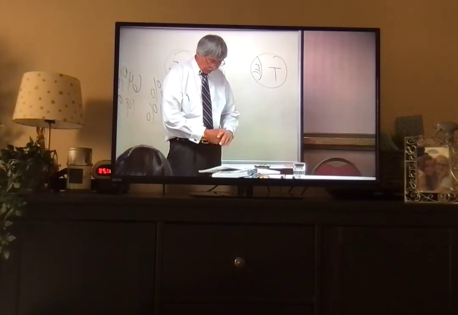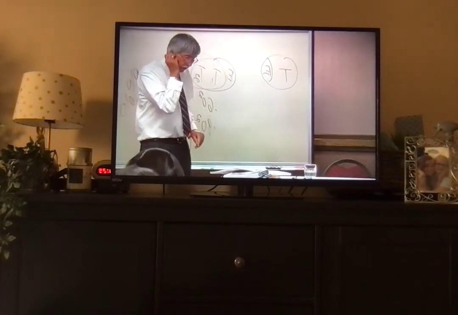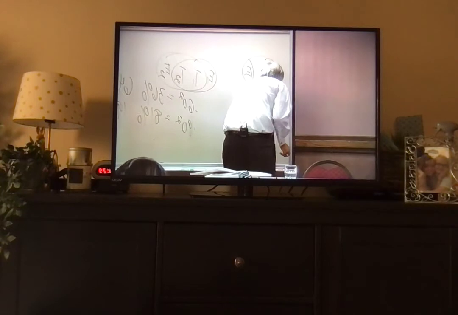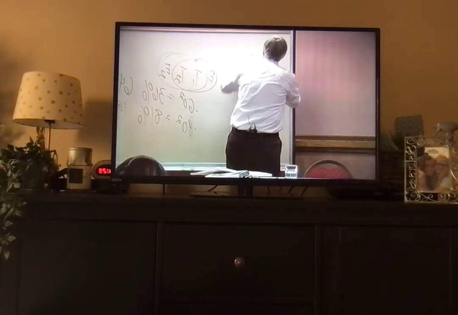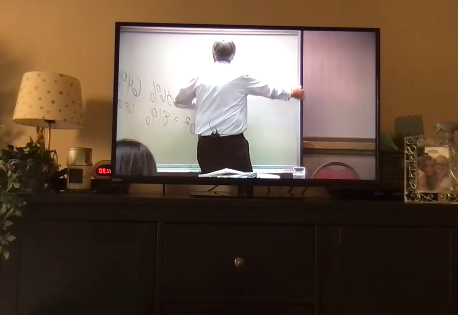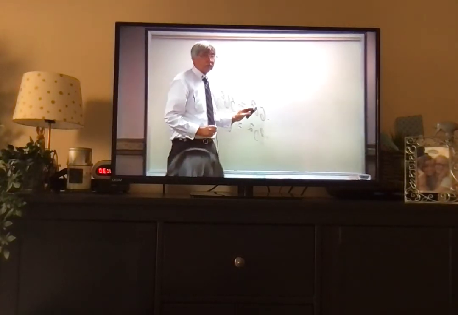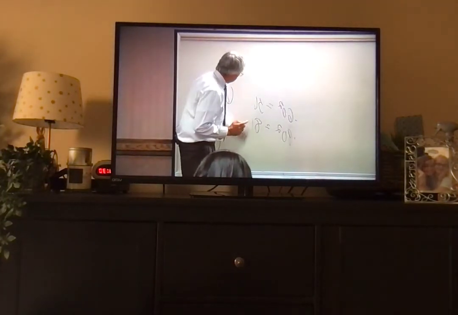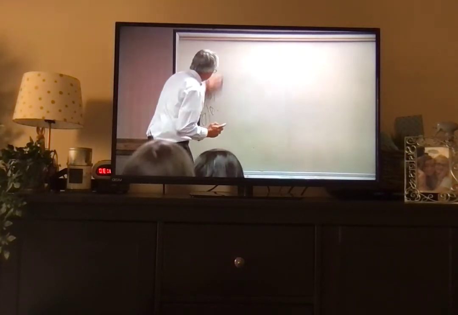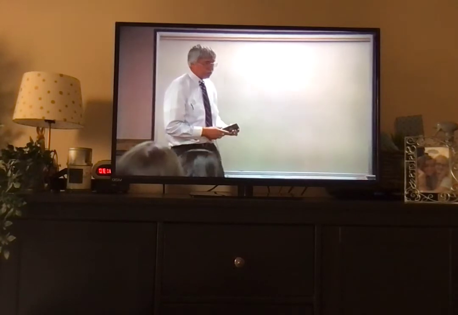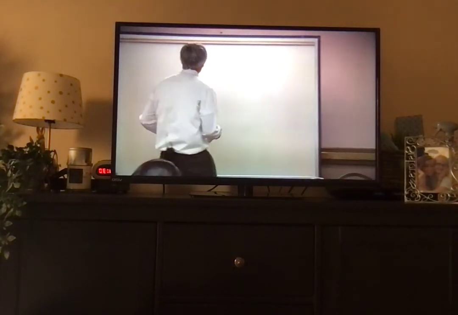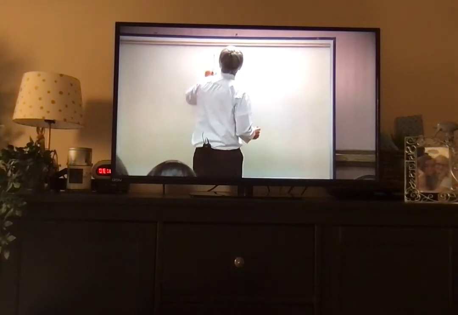One more item in terms of reliability, and this is the standard error of measurement. Standard error of measurement, some of you remember another way of referring to this is confidence bands, confidence limits. And the example I use is something like this. Let's say that a person took a test and scored a 92.